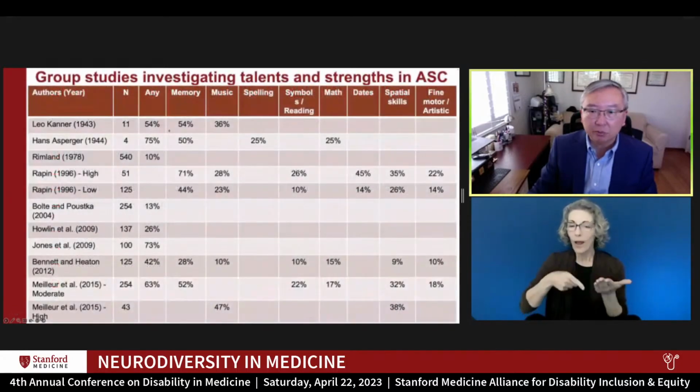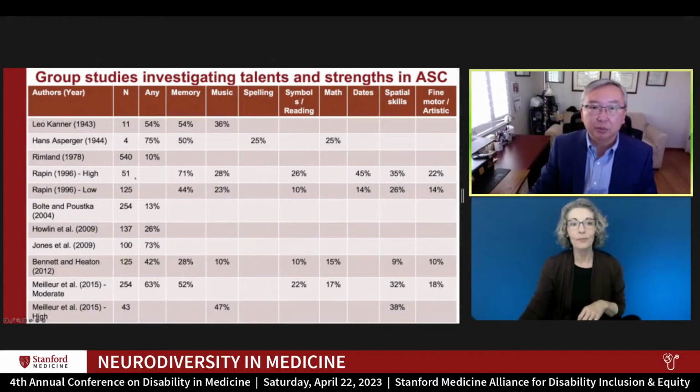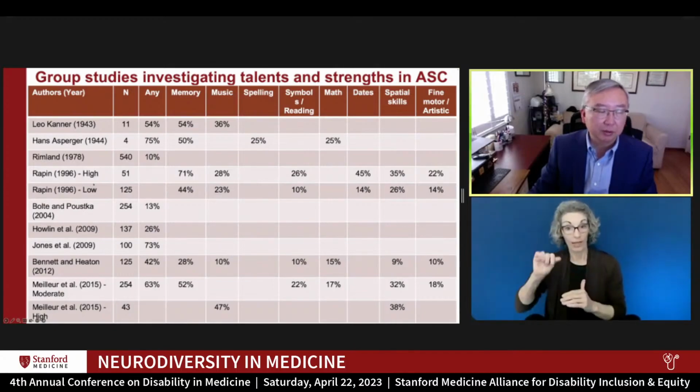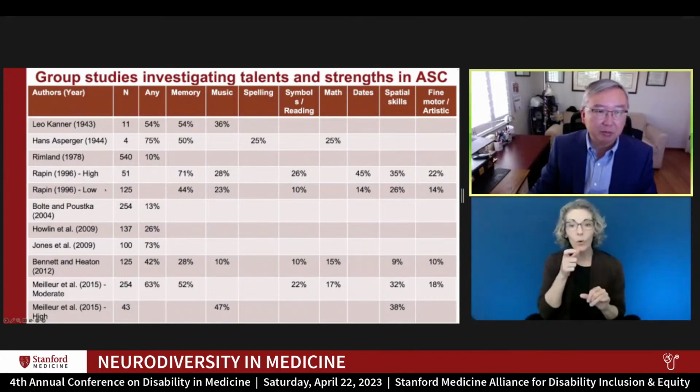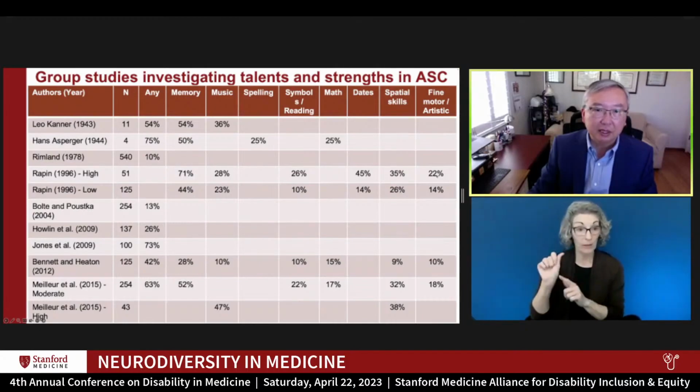And this is very important, not only for the people that have above average IQ, even for people with intellectual disability and autism. In this study by Rabin, we can see that in many different domains of abilities, with or without intellectual disability, autistic individuals can have significant abilities.